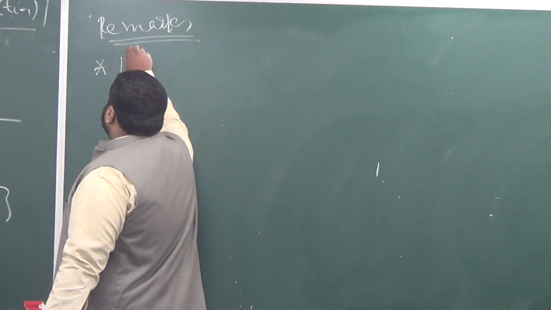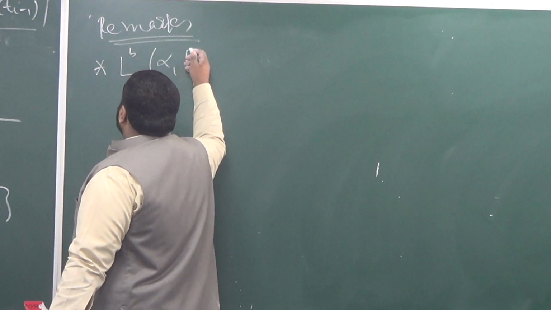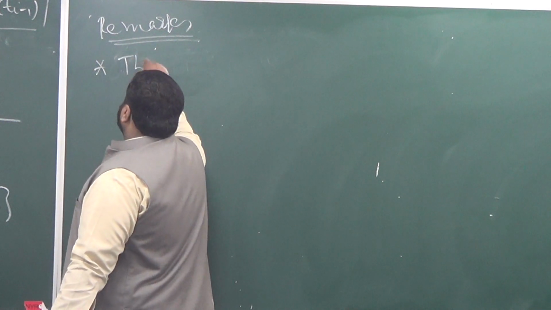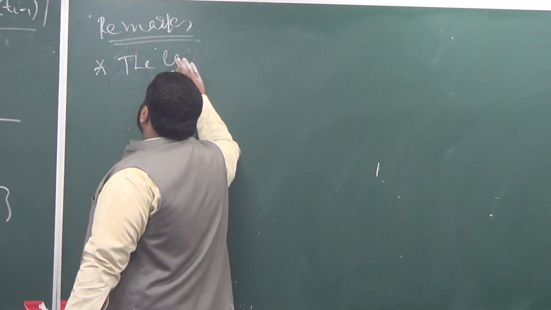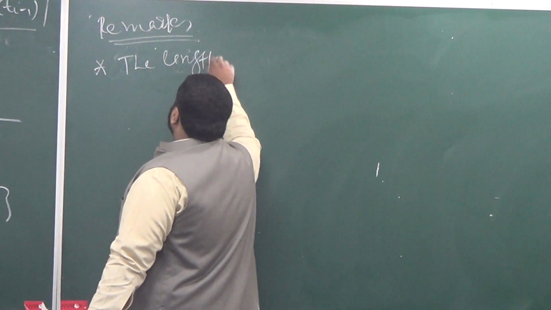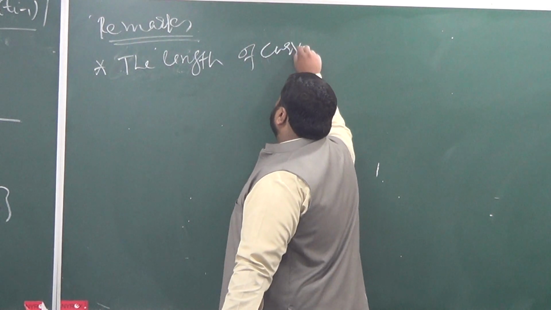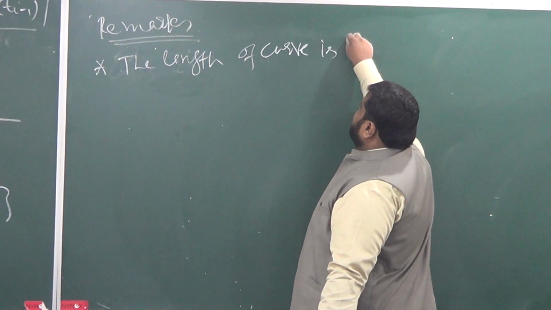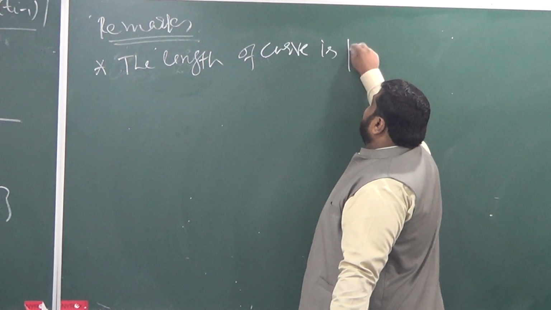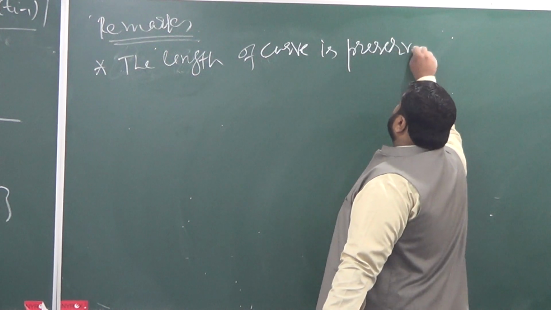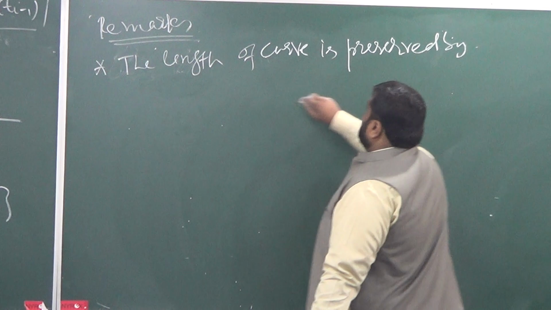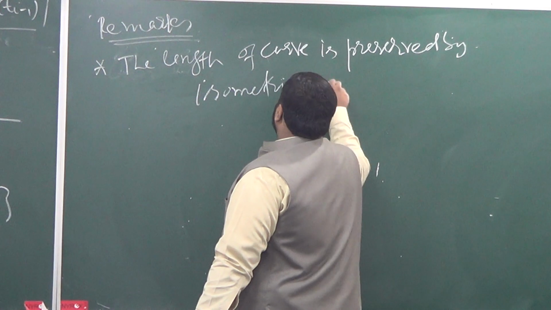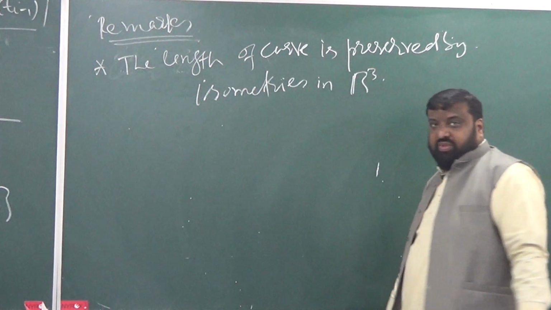The length of the curve is preserved by isometries in R3, or maybe in Rn actually.